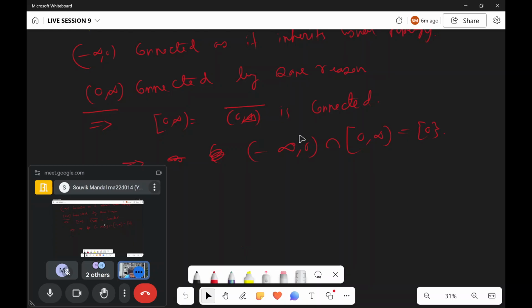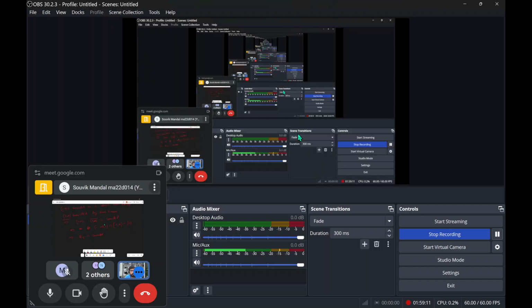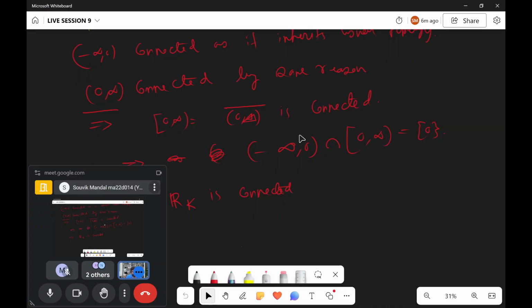So this tells that their union, R with the K topology, is connected. So this is the argument. Do you understand? Yes. Okay, thank you, Mustafa. So basically, this problem relies on the fact that the union of two connected sets with a common point is connected and the closure of a connected set is connected.